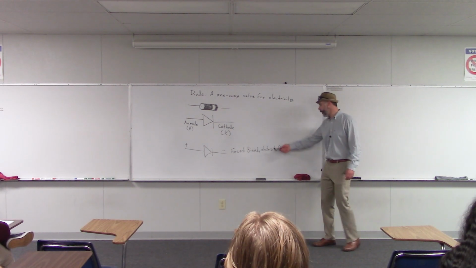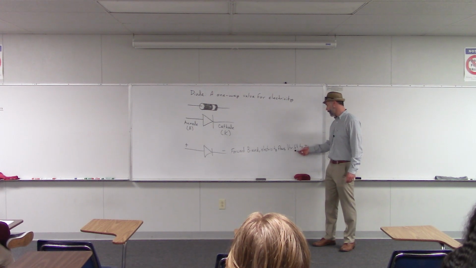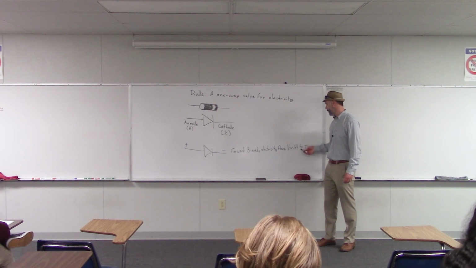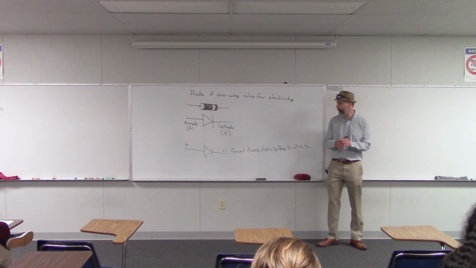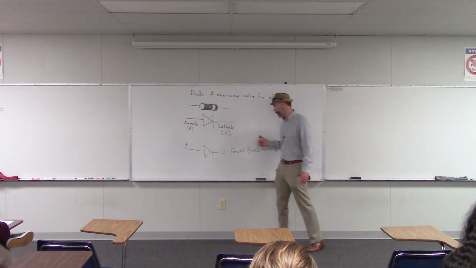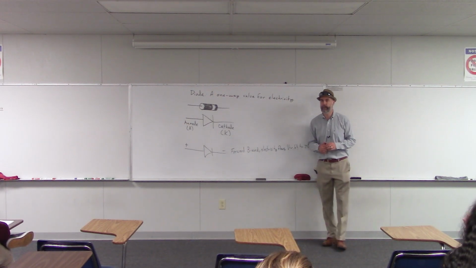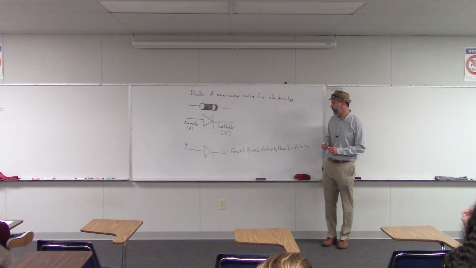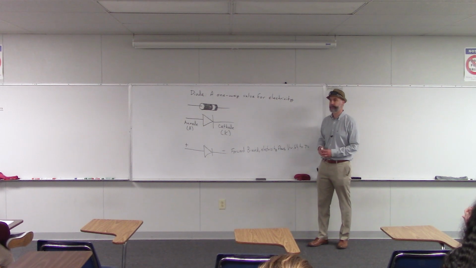Here, we're saying that when the electricity is flowing, the voltage is pretty constant. It's always about 0.6 or 0.7 volts. So you could have a little current flowing through there, it'd be about 0.6 volts. You could have a lot of current flowing through there. It could still be about 0.6 volts. So this voltage is relatively constant, independent of the current. Okay?